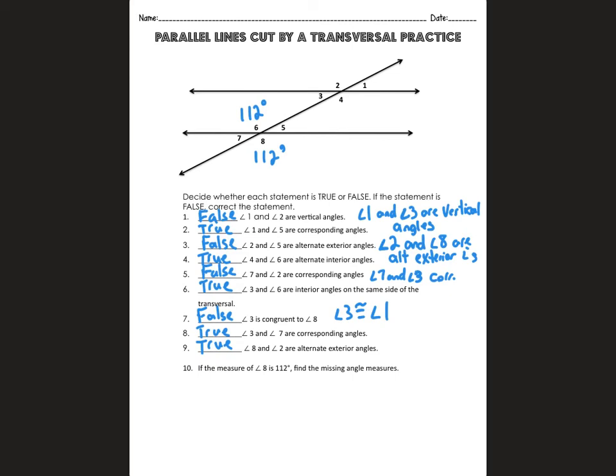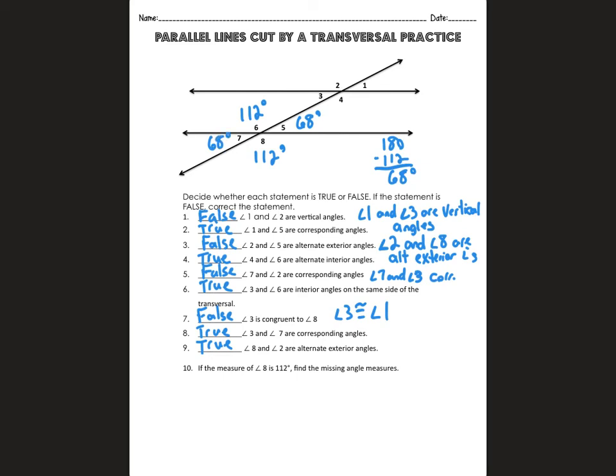I also know that angle 5 and angle 8 are a linear pair, so they add up to 180 degrees. So if I subtract 112 from 180, I get 68. So that means that angle 5 is 68 degrees, and angle 7 will also be 68 degrees, because that's also a linear pair with angle 8.